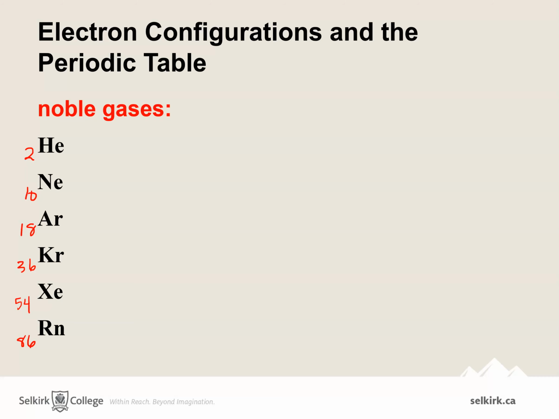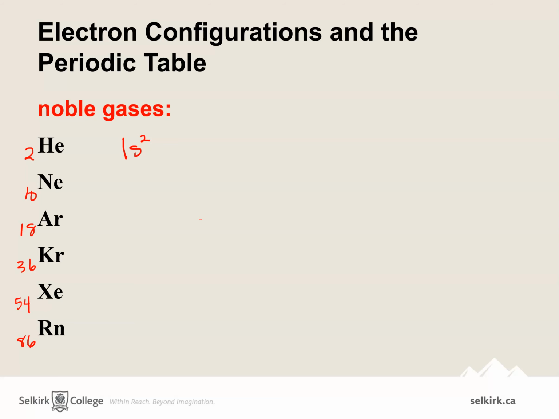So those are the number of protons in the nucleus. I want the number of electrons. These are neutral atoms, so the number of electrons will be the same as the number of protons. That's why for helium, the electron configuration is 1s2. There's the 2 electrons.